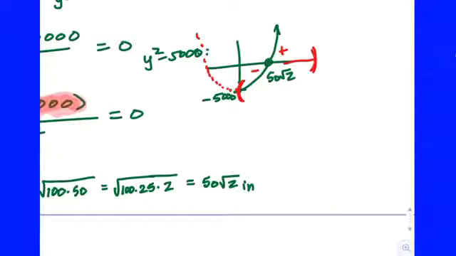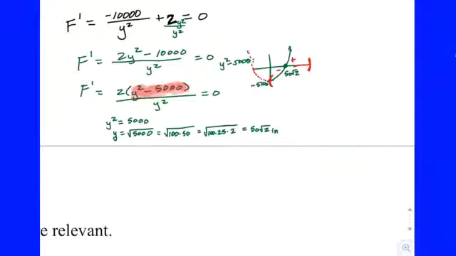That piece of the derivative that contributes to the sign is negative everywhere between 0 and 50 square root of 2, which is our relevant domain, and that part of the derivative that contributes to the sign is positive everywhere to the right of 50 square root of 2 up to our value of 10,000. And therefore, that value not only is a local min, but it minimizes absolutely the fencing.